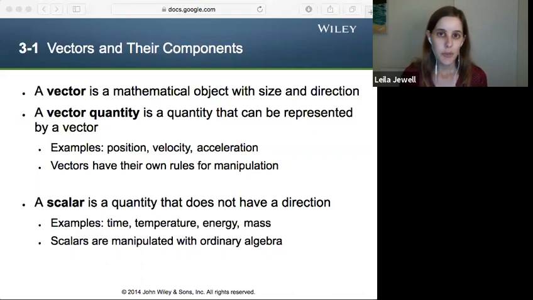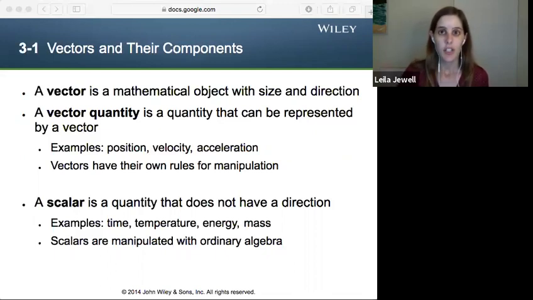And the reason we care about vectors is they have their own rules for manipulation. It's much more involved than when we have scalars or simple numbers. So scalar is any quantity that does not have a direction. It's basically just a number with a unit. So time, temperature, energy, mass, these are directionless, but they do have units. Time has units of seconds.